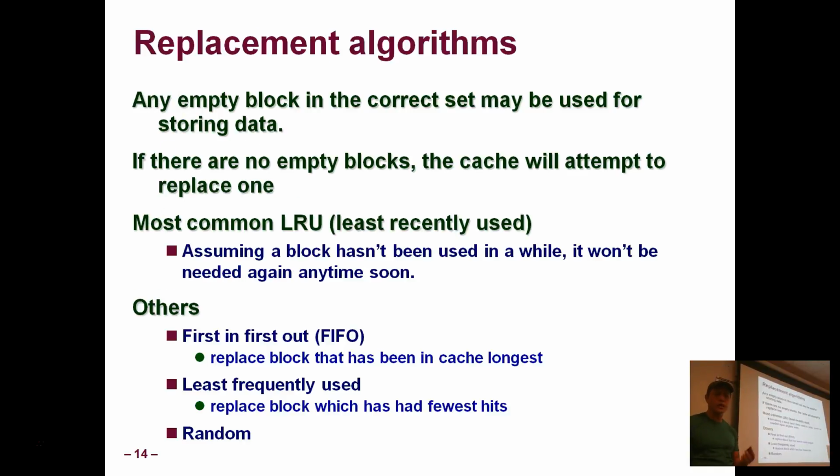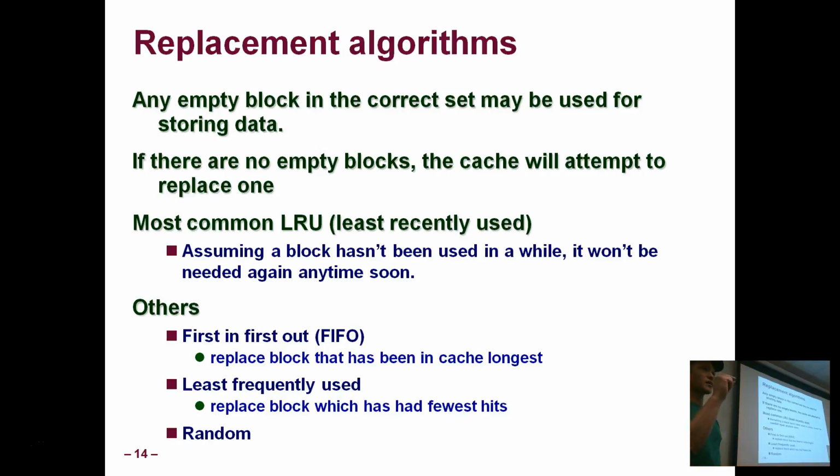So in terms of replacement algorithms, a replacement algorithm is needed when you have a cache line where there are no empty blocks, but you need to access some data, and you need to bring a block into memory in order to access it. And so for the policy for replacing blocks in a line that's full, one of them is least recently used.